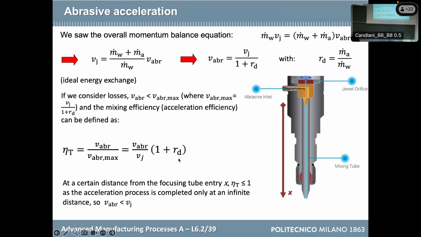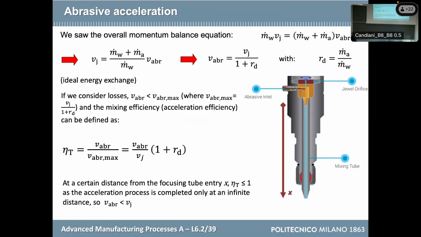And we see that there are some factors that are playing a role on eta. For example, we see that the more abrasive we put, because we are increasing the loading ratio, the more we are creating disturbances and losses in terms of energy.